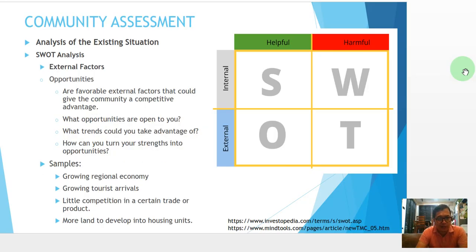Then for the external factors, the opportunities: these are favorable external factors that could give the community a competitive advantage. So you have to look into that. What opportunities are open to them? What trends could they take advantage of? How could they turn their strengths into opportunities?